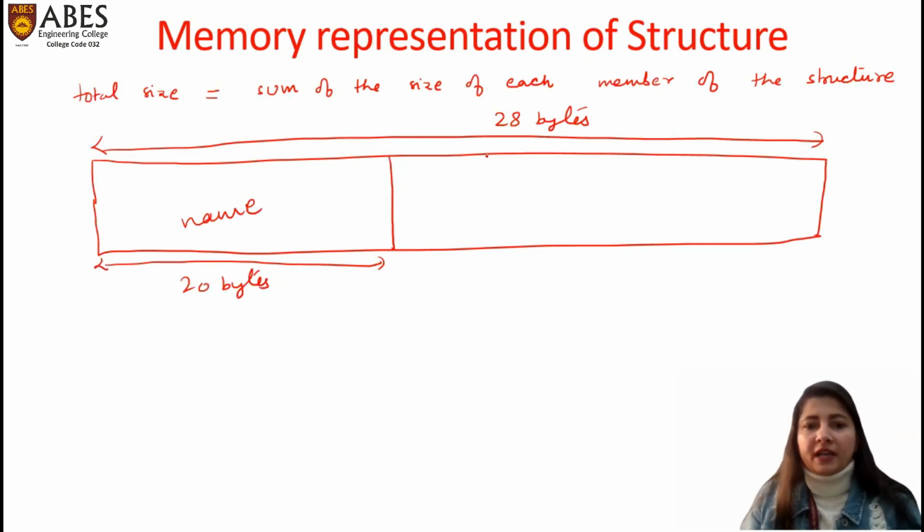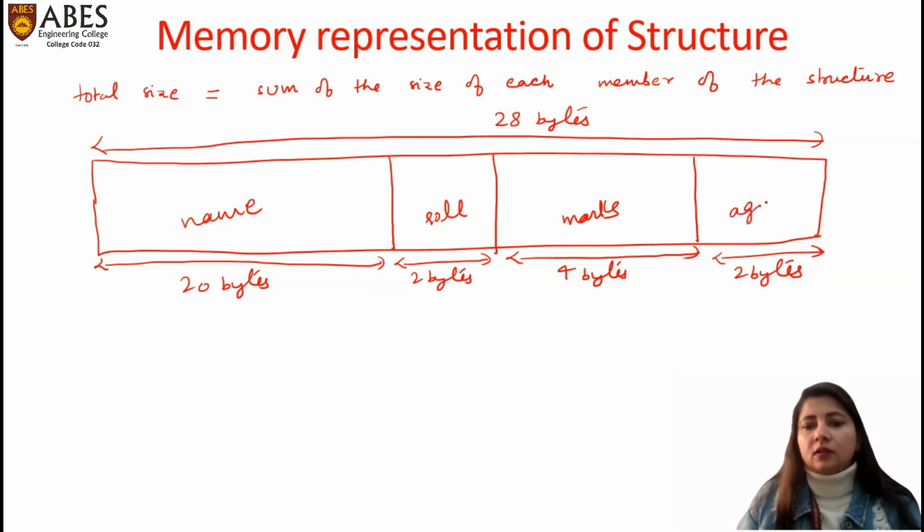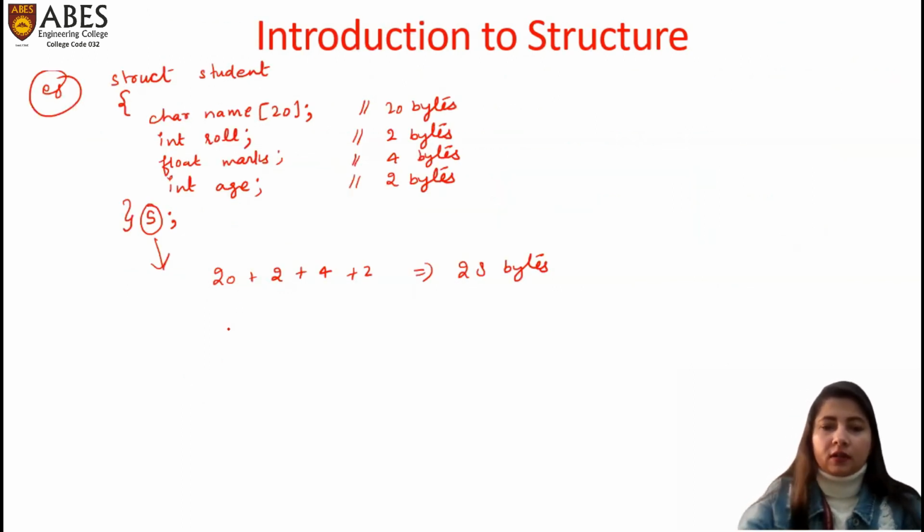Then the next 2 bytes will be occupied by roll. Next 4 bytes will be occupied by marks. And the last 2 bytes will be occupied by age. So this will be the memory representation of the structure variable S that we have declared in the previous slide.